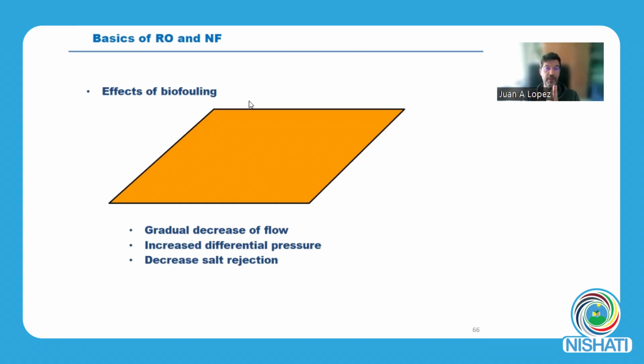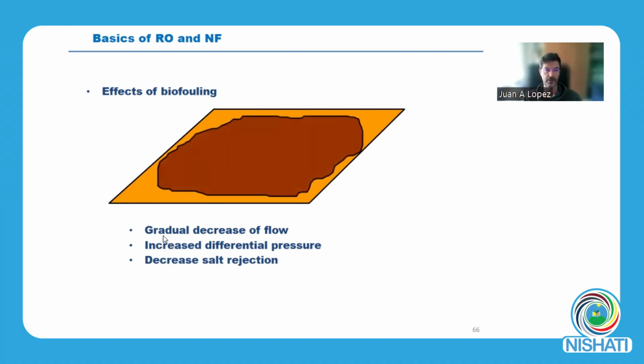But the problem with biofouling is that bacteria are alive and they reproduce. One colloidal particle cannot reproduce, but one bacterium can reproduce very easily. So the effects of biofouling must be taken into account. Why? Because there is a gradual decrease of flow and increase in differential pressure. So you need to use a higher pressure in your system.